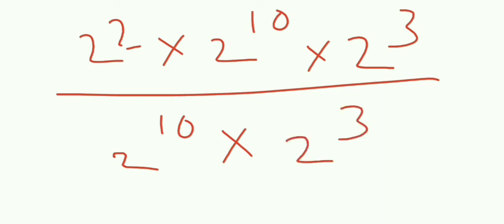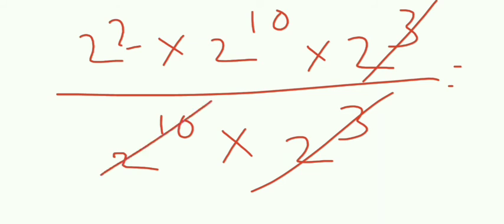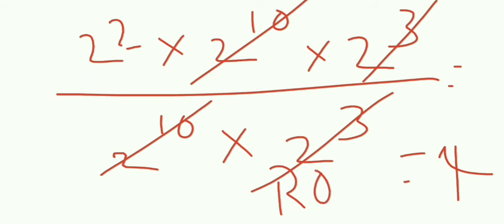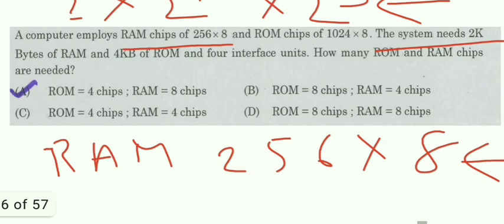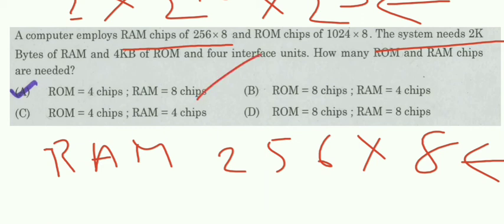So how many 1024 by 8 chips are required to design 4 KB? We divide the numerator by the denominator, so this cancels, leaving 2 power 2, which is equal to 4. So we need 4 ROM and 8 RAM. That is the answer. So option A is the right answer.